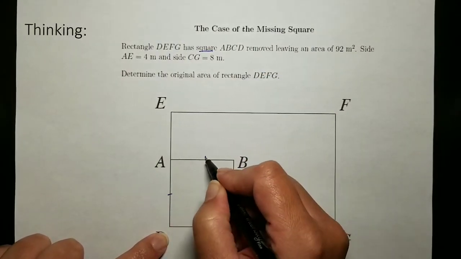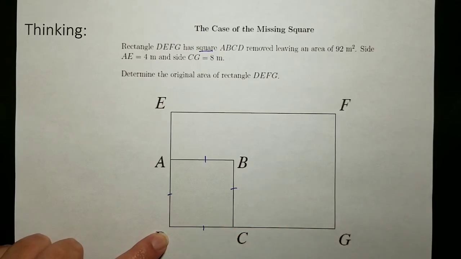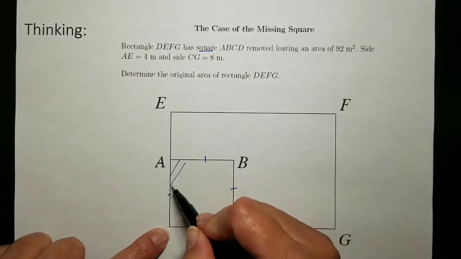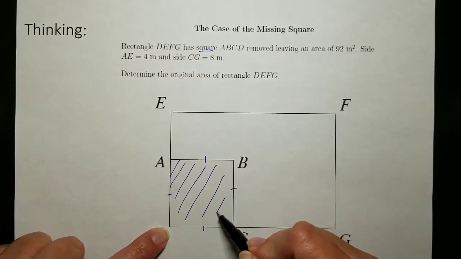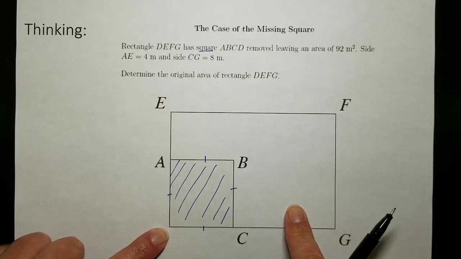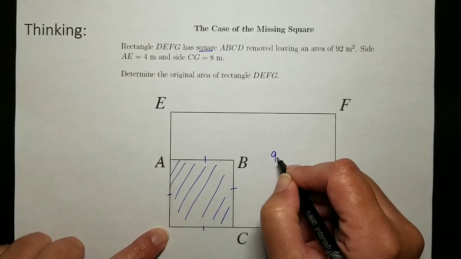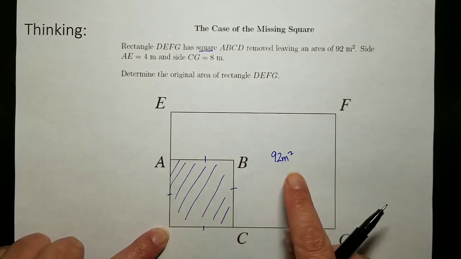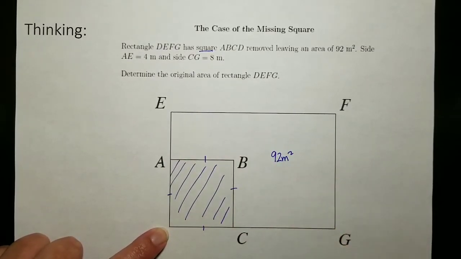I'm going to label these sides with those tick marks that mean that they're all equal. It has a square removed. So this square has been taken out, and it leaves an area of 92 meters squared. So the stuff over here, if you cut out this square in the corner, we're left with 92 meters squared over there.